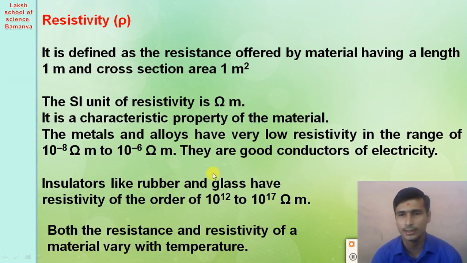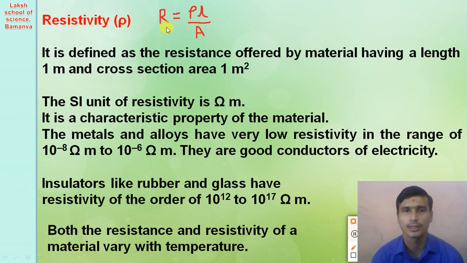So what is the resistivity of the conductor? The resistivity of the conductor is defined as the resistance offered by the material having a length of 1 meter and cross section area 1 meter square. So from the above equation, R is equal to rho L divided by A, if we take the length of the conductor as 1 meter and the cross section area as 1 meter square, the resistance of the conductor is known as the resistivity.